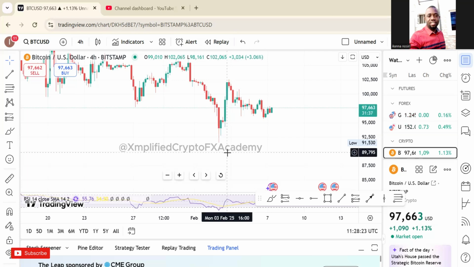The hammer is also another candlestick pattern that gives us an idea of trend reversals, in this case bullish trend reversals, as in when the market is moving from bearish to bullish.